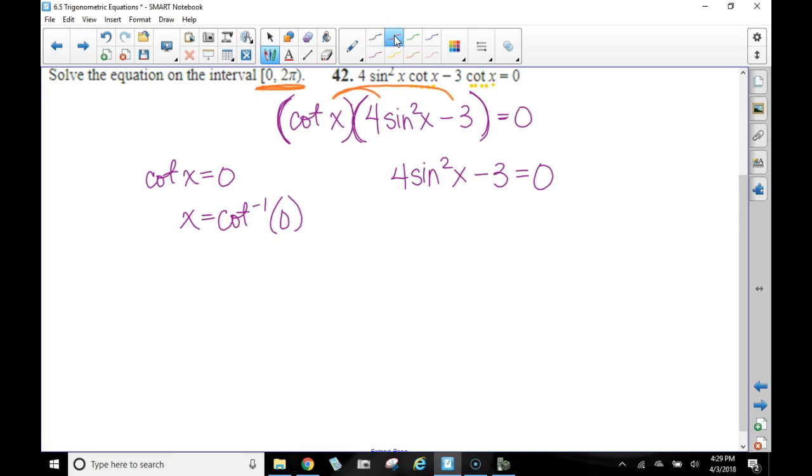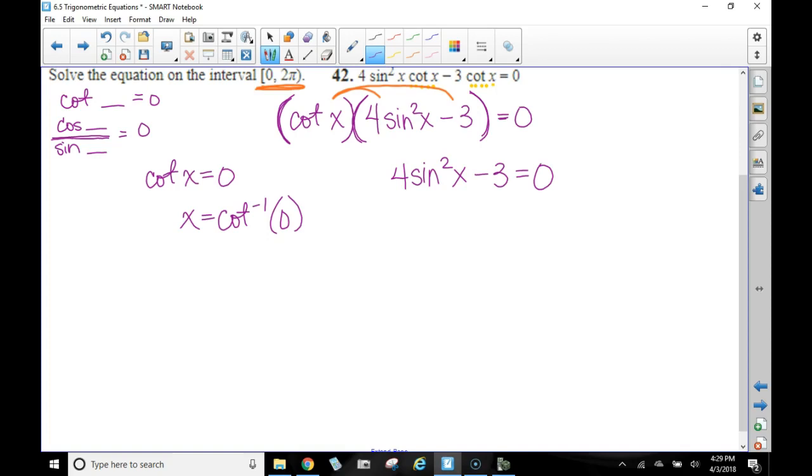Another way to think about that: the cotangent of what angles is equal to 0 is the cosine of what angles divided by the sine of what angles equals 0, right? Because cotangent is cosine over sine. So anytime cosine is 0, cotangent is also going to be 0.